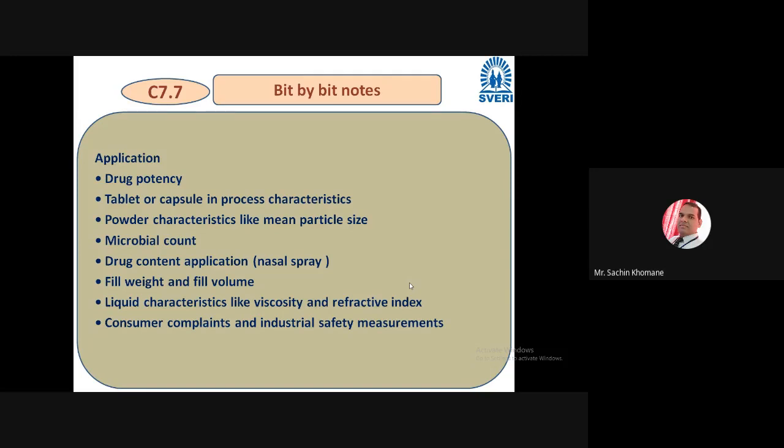So customer complaints also you can plot on the control chart, and you will see how many customers are giving complaints. Whether we are getting complaints from literate people or illiterate people, those who are not able to use the device or product properly. Such complaints you can monitor on this.